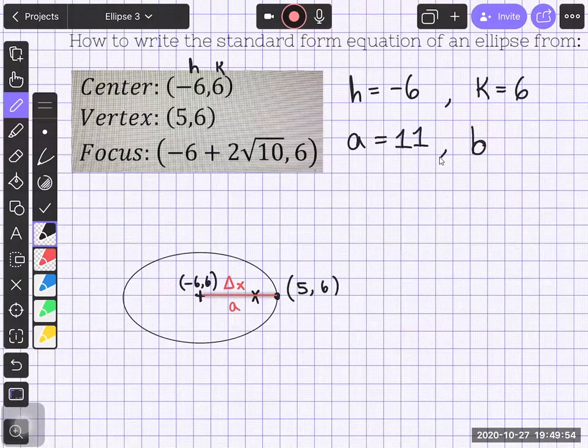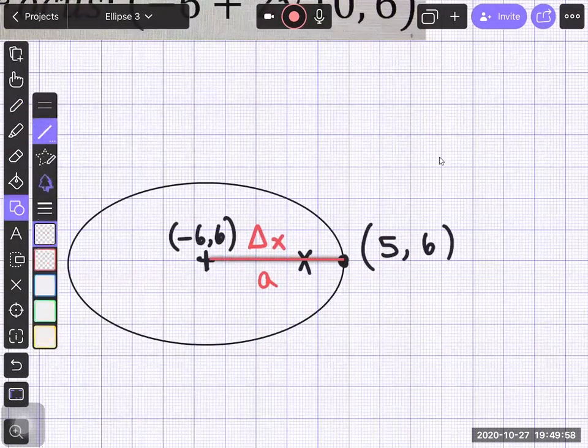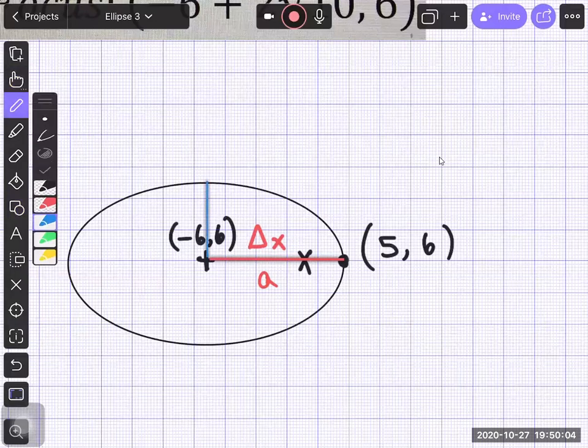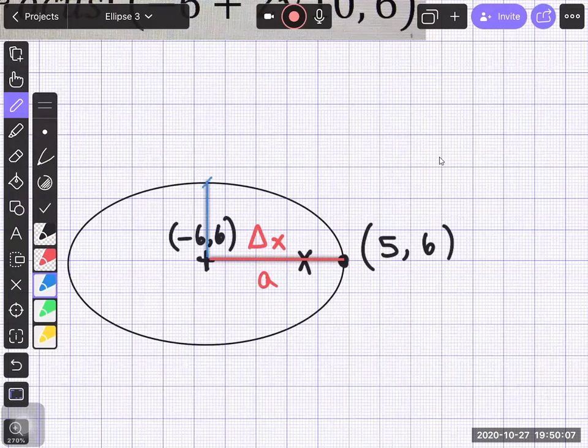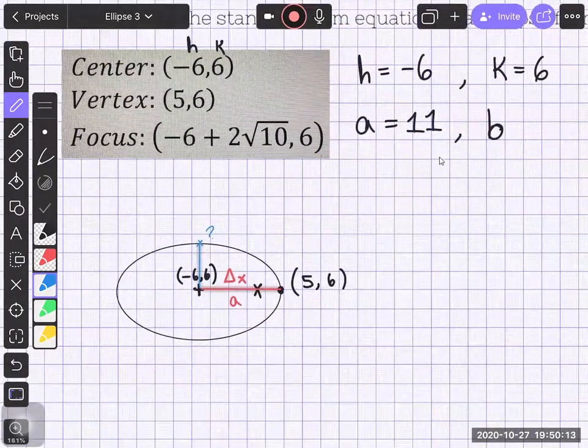Now B, we remember that B is the distance from the center to either of the covertices. Now the problem is that we don't have that location, we don't have that point, right? We just have the focus.